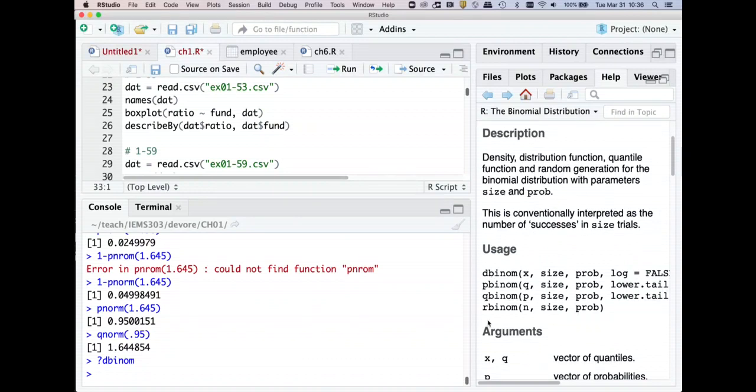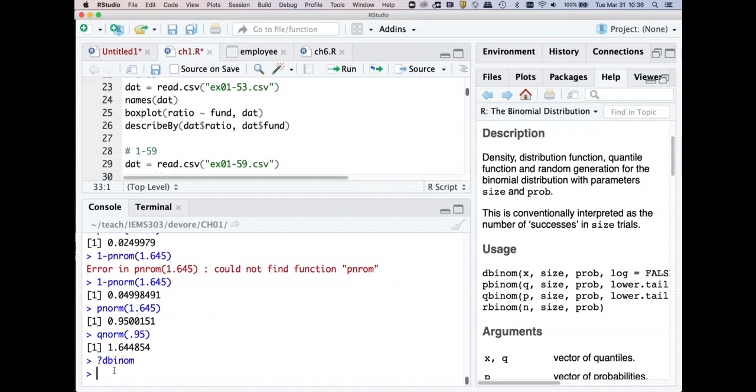So D is the probability mass function, P is the CDF, Q is the inverse CDF. What is this R function? The R functions for a special random variable generate random values from that distribution.